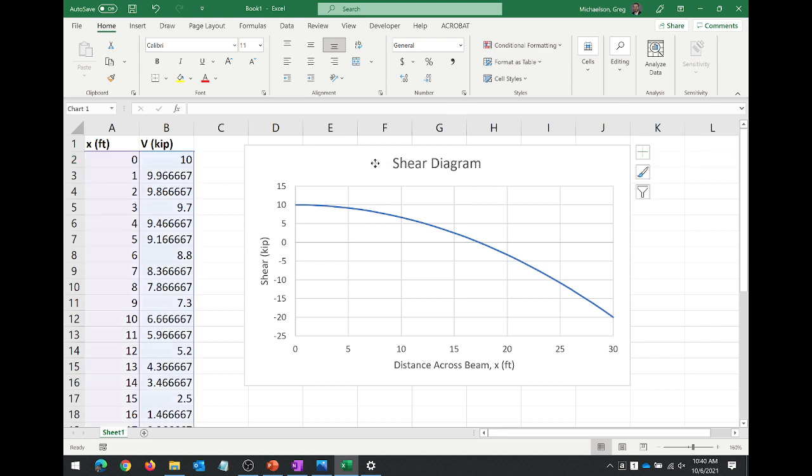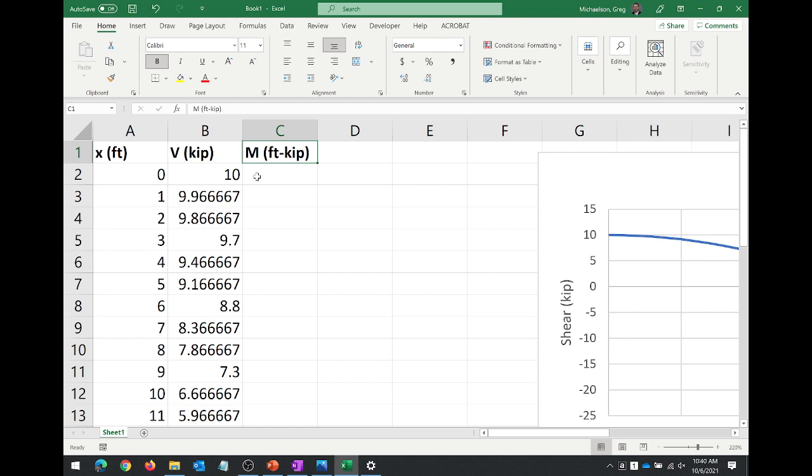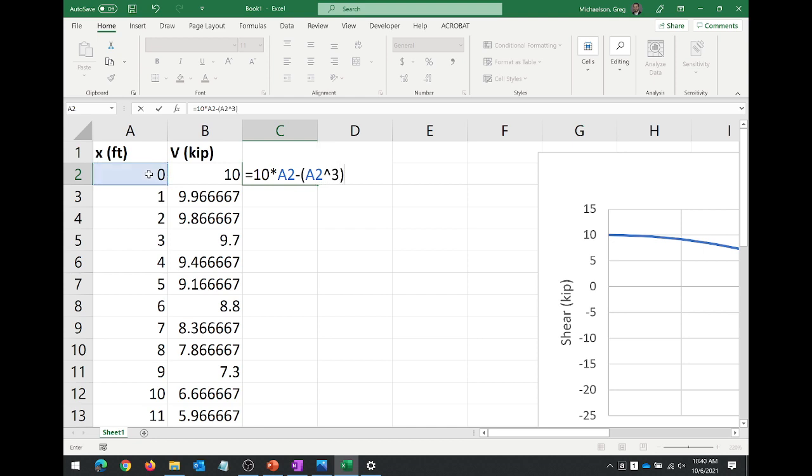Now, I'm not done. I want to draw the moment diagram. Now, what's the moment diagram function? Let's zoom in a little bit. So, equals, right here, 10 times x minus x cubed over 90.